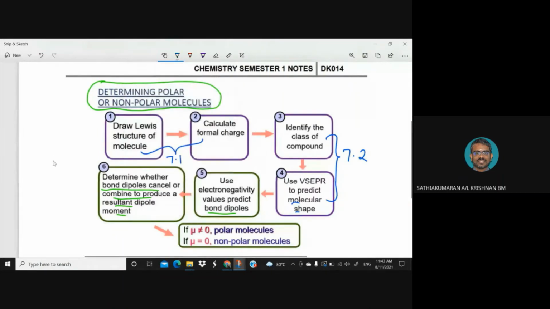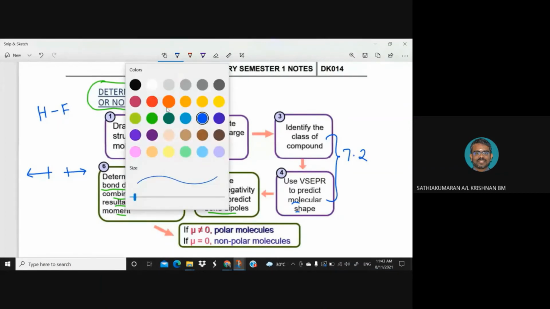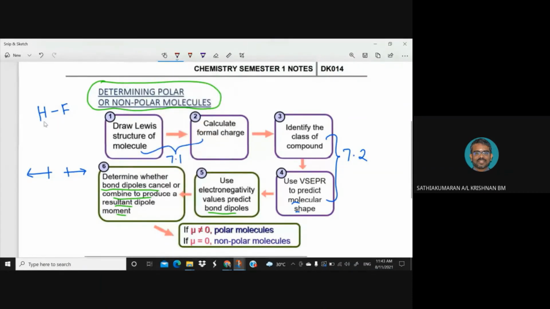What happens if your molecule has two bond dipoles? Just now, what was the lesson we studied? HF only has one polar arrow, so this molecule is a polar molecule.